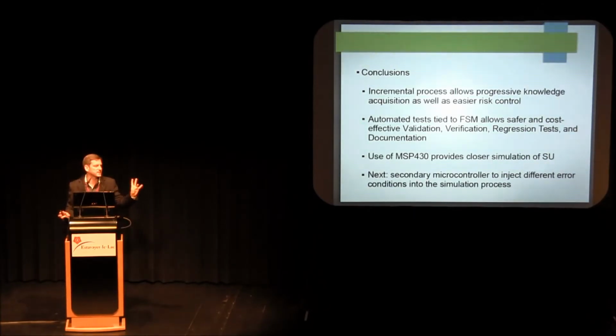Verification, because we tied it to automated tests. Regression testing, because if you do anything new and wrong, it's going to show up. And also documentation. And we have a closer simulation of those science units using other hardware.